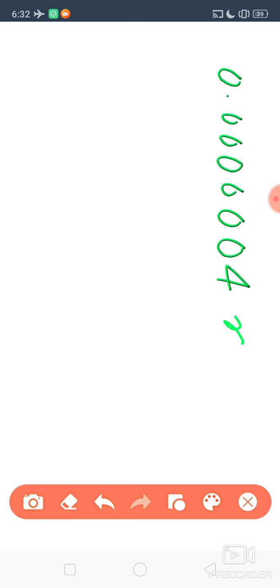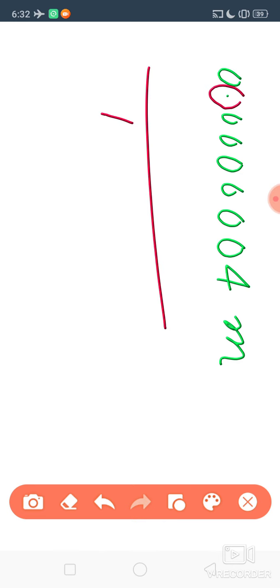In your book it is given 0.00000, I think 6 zeros are given, then 4 meter. You have to write this in standard form. Again we'll do the same thing. We'll remove this decimal. To remove the decimal, in the denominator we'll write 1.